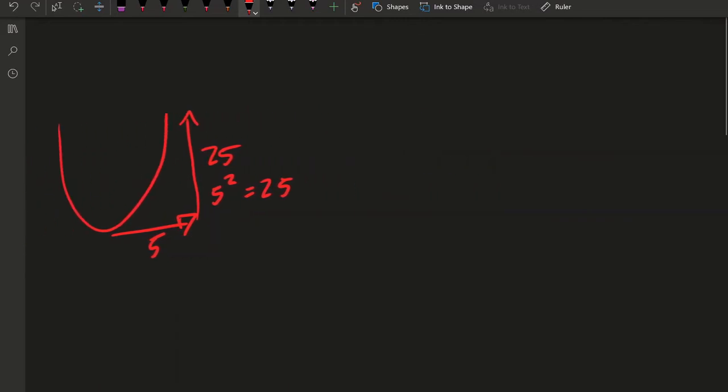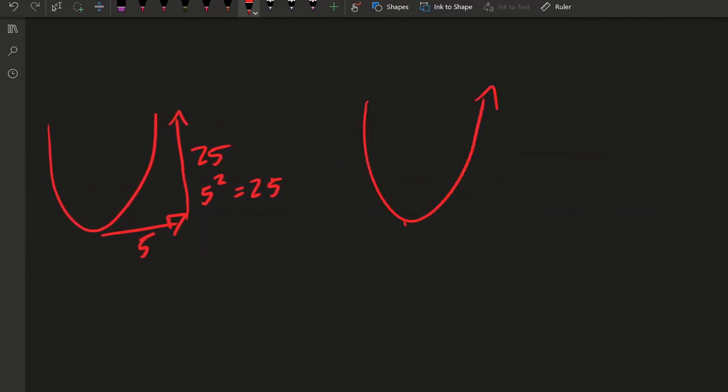So now in our new case, I have this parabola, and I have to go up by 30.25. And so now what I have here is this number that I'm not sure about. But I do know that whatever that number is, when I square it, it has to equal 30.25.